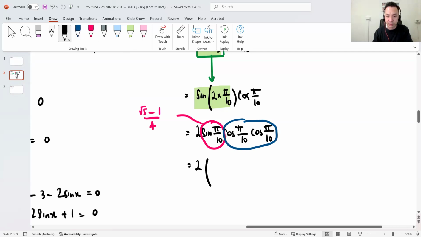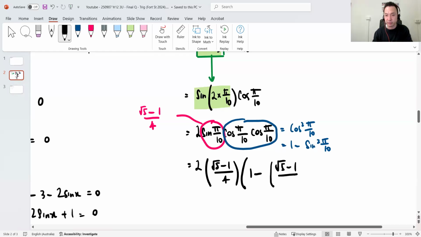So cos squared equals 1 minus sine squared. So I would sub in 1 minus root 5 minus 1 on 4, squared. Theoretically, if I punch it into my calculator, it should give me root 5 on 4, but I guess they need you to simplify and actually show that.